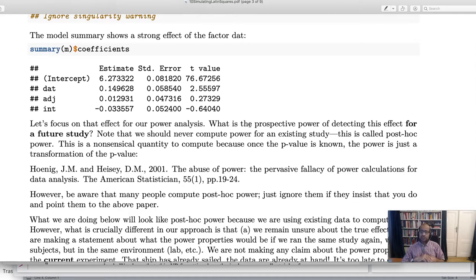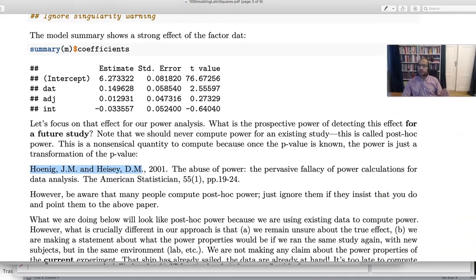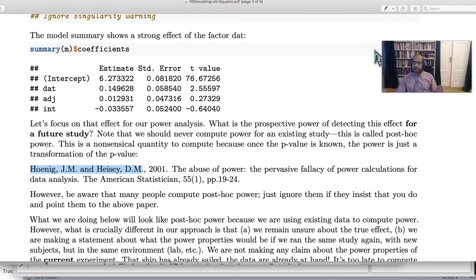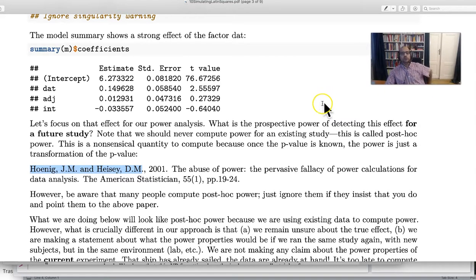That quantity is a nonsensical quantity that you should never compute. The reason is discussed in this paper by Hoenig and Heise. It's a famous paper in statistics. They explain that once you know the p-value, you already know the post hoc power. So computing it doesn't add any information, and there is no point in computing post hoc power.